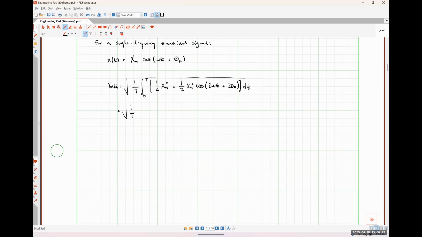So I would have 1 over t times the integral from 0 to t of 1/2 xm squared dt plus the integral from 0 to t of 1/2 xm squared cosine twice omega t plus twice theta x dt, like so.